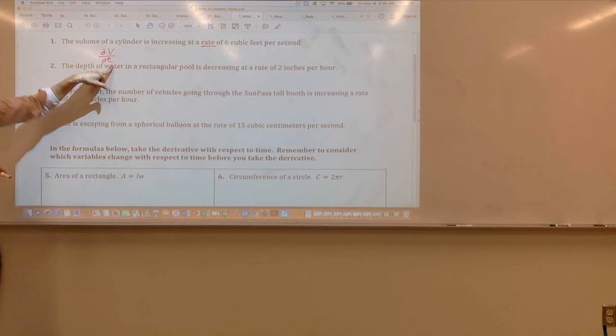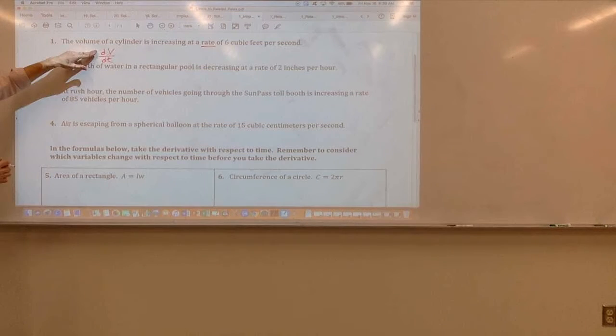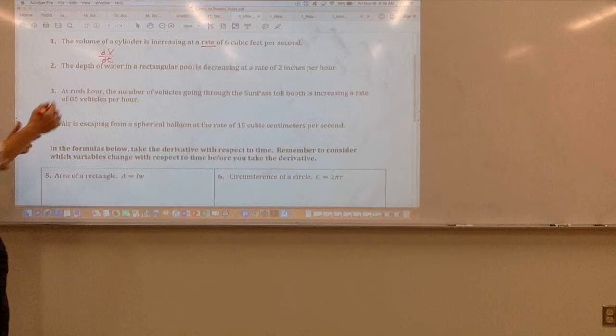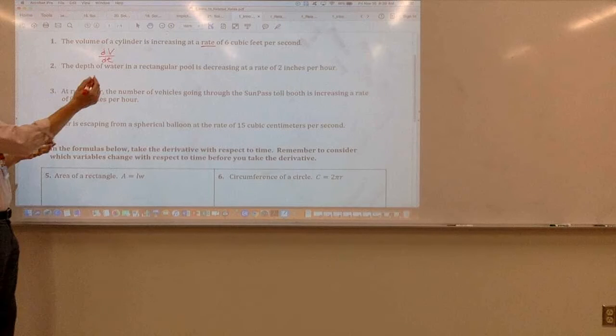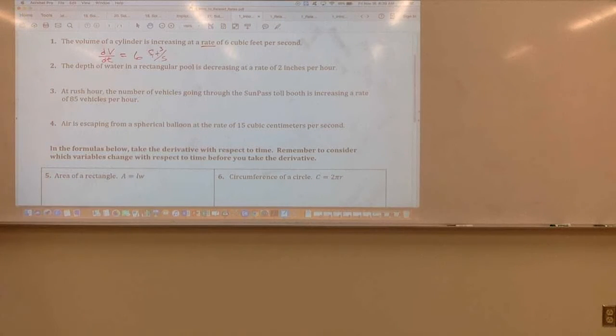This is the change in volume with respect to the change in time. That's what this dV over dt is saying. It's the same idea as dy over dx, but we're going to make our notation specific to whatever we're talking about in the problem. So we're saying the rate of change of the volume with respect to time is equal to 6 cubic feet per second.